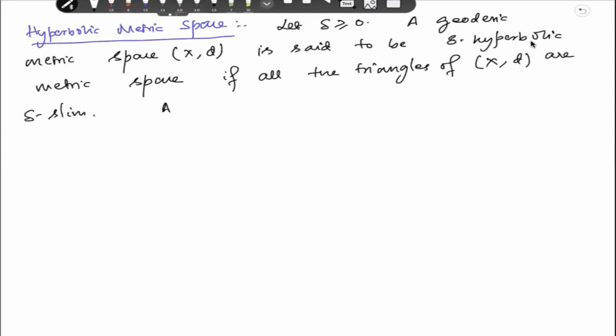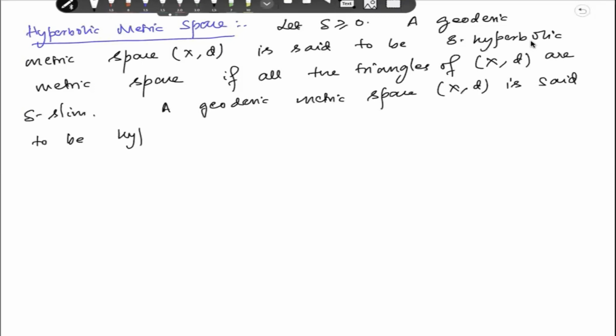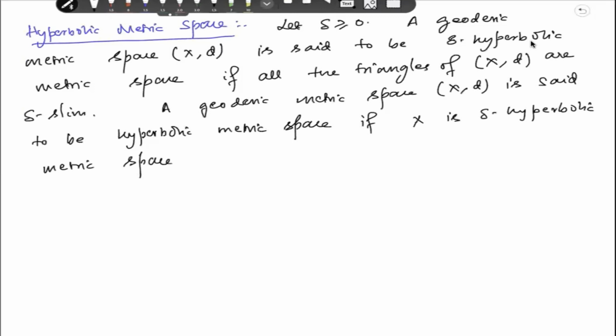And a geodesic metric space (X, d) is said to be a hyperbolic metric space if X is a delta hyperbolic metric space for some non-negative number delta.